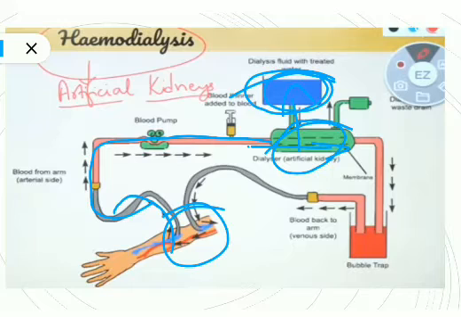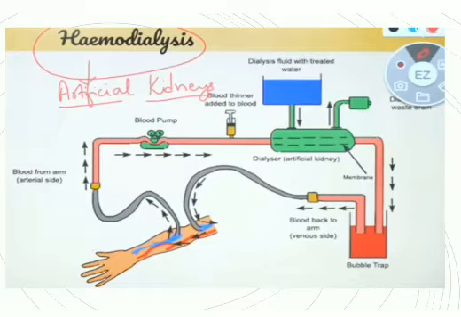So what happens when the blood passes through these cellophane tubes? The urea which is inside the blood jumps into the dialysis fluid through diffusion. Why? Because the higher concentration is here, in the urea rich blood.